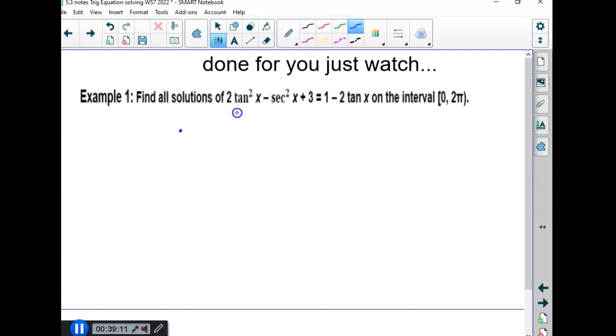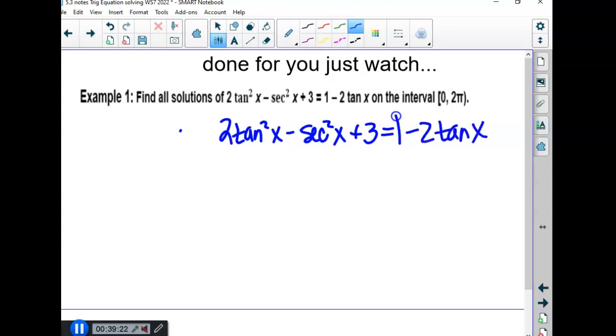I know I need a trade because it says 2 tangent squared of x minus a secant squared of x plus 3 equals 1 minus 2 tangent of x. I can't deal with a tangent squared and a tangent and a secant squared. It's not going to work. Okay, but because there is a plain old tangent that I can't replace, I think I'm going to have to replace this.